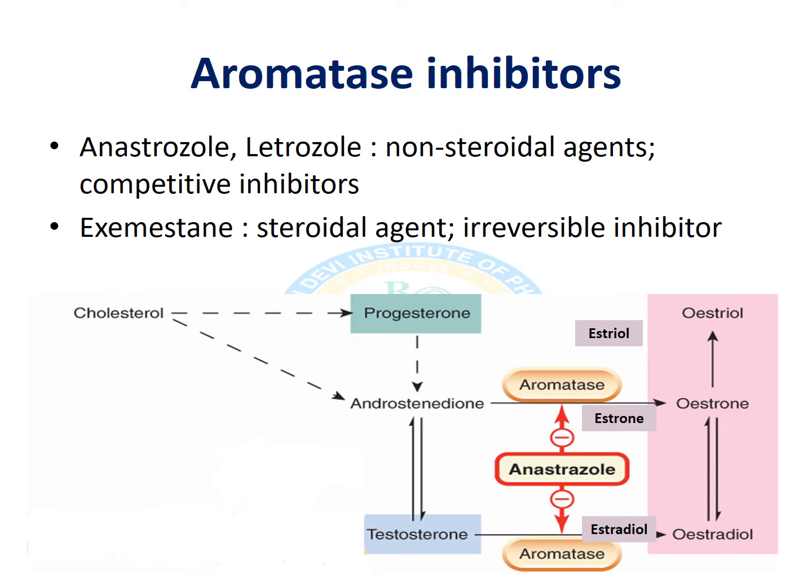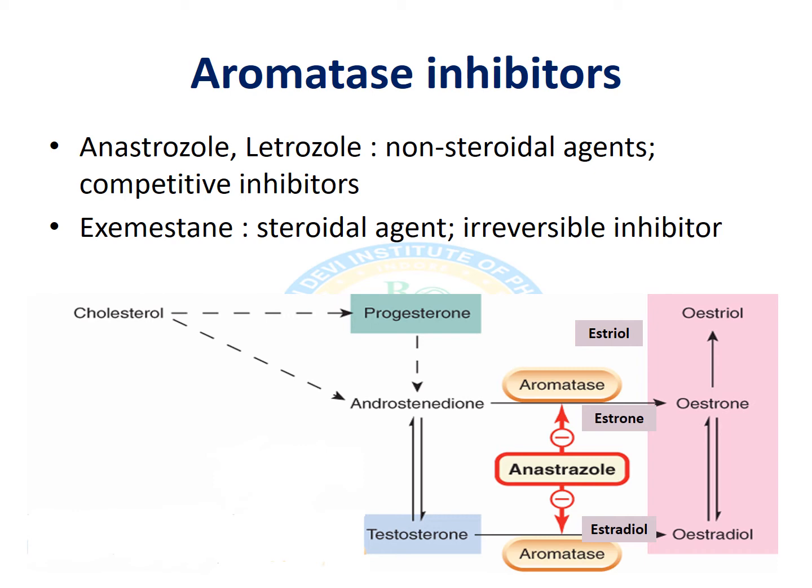The next category of inhibitors is aromatase inhibitors. As we know, aromatase is the enzyme responsible for the synthesis of the two basic forms of estrogen, estrone and estradiol. So the synthesis of estrone and estradiol gets blocked.